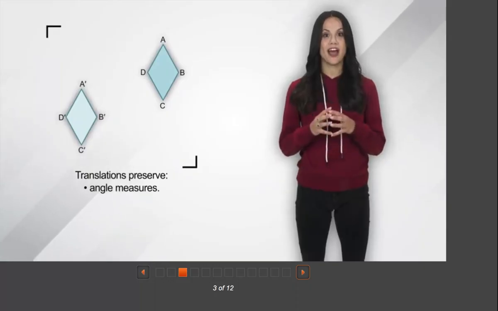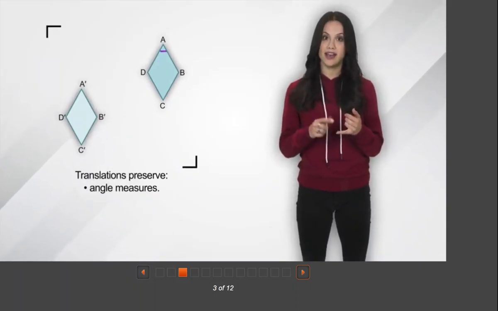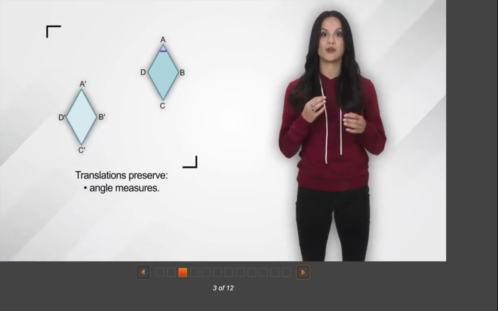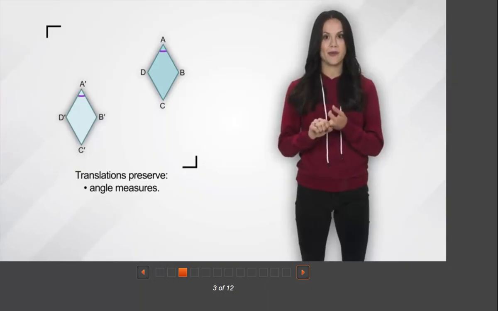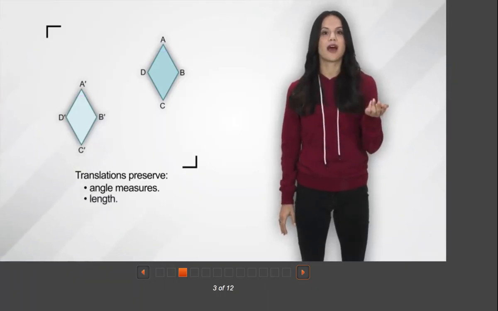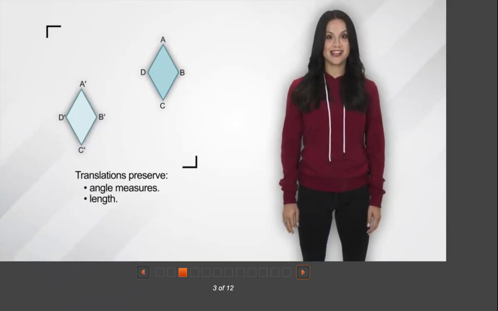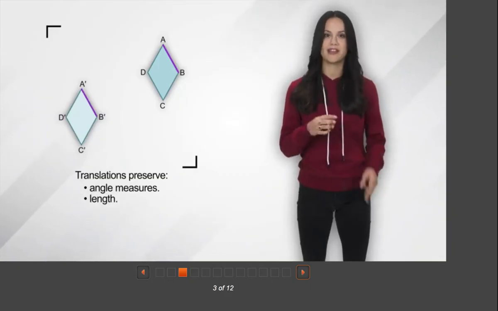Translations preserve angle measures. Angle BAD in my pre-image is congruent to angle B prime A prime D prime in this image. Also, the length of the lines stay the same. Line segment AB in my pre-image is congruent to line segment A prime B prime in the image.